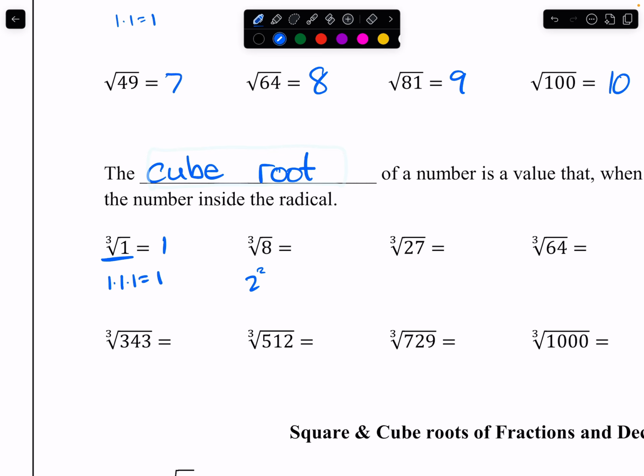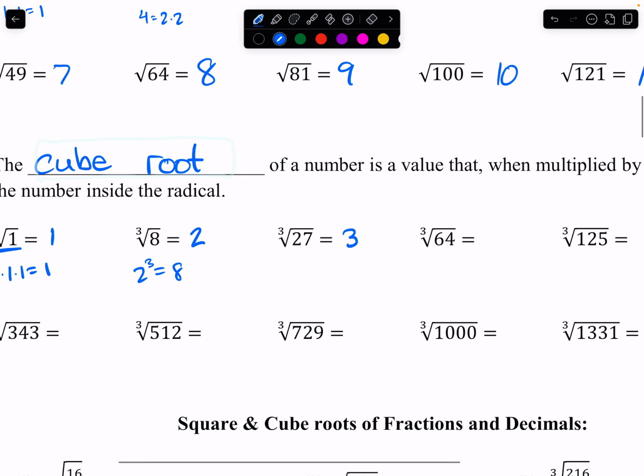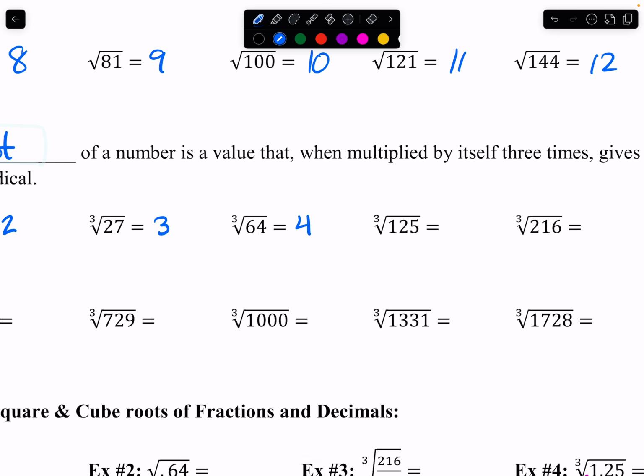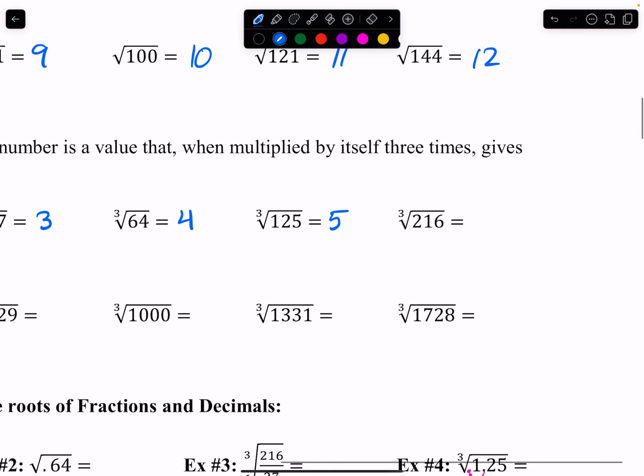And since 2 to the third power, 2 times 2 is 4, times 2 is 8, that means the cubed root of 8 is 2. The cubed root of 27 is 3, because 3 to the third power is 27. We know that the cubed root of 64 is 4. The cubed root of 125 is 5. You can check. 5 times 5 times 5 is going to give you 125.